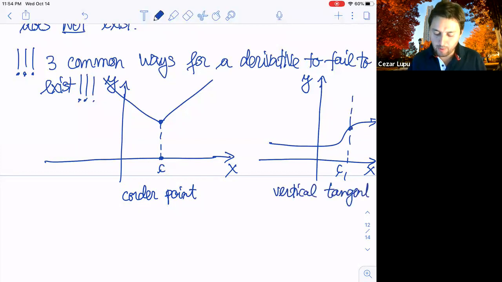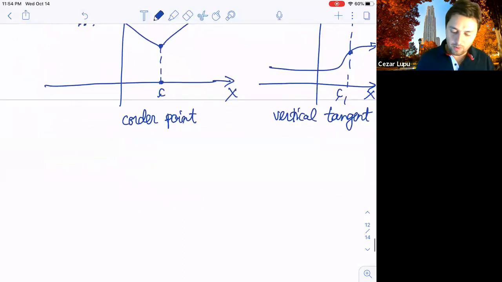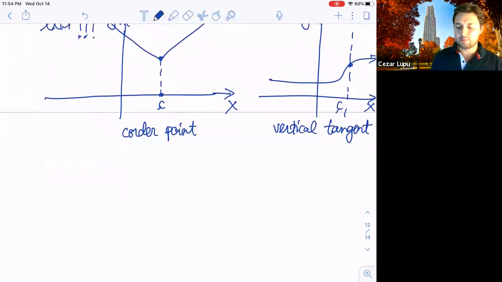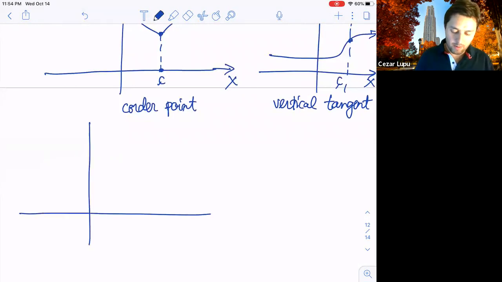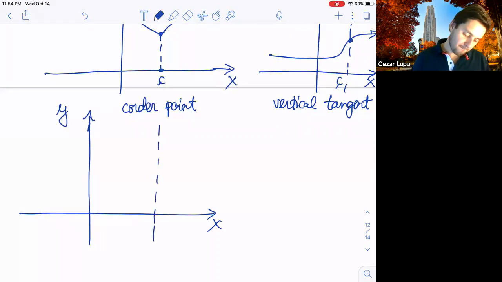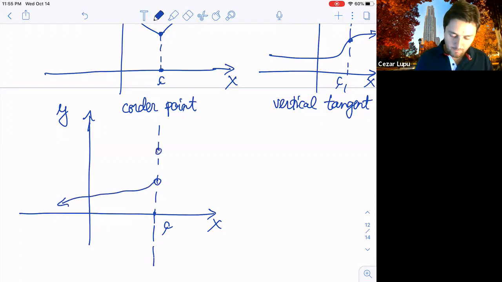So the derivative is undefined here. And the third scenario is when we have something like this. So this is the point C. Now the graph will go something like this, and let's just say here it will be something like this.